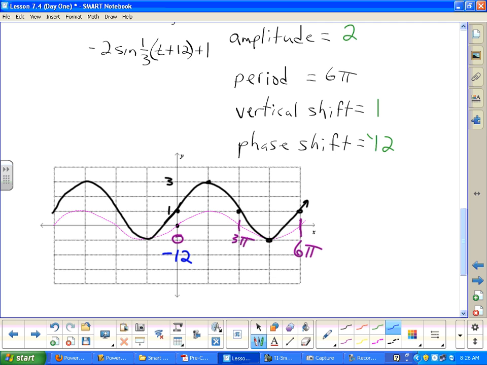Because I moved it to the left 12, which means this spot here is going to be negative 12 plus 3 pi, because I moved it 3 pi to the right. This would be negative 12 plus 6 pi.